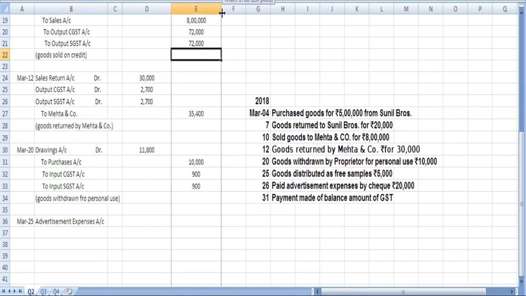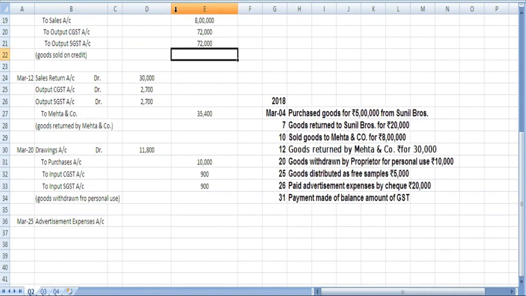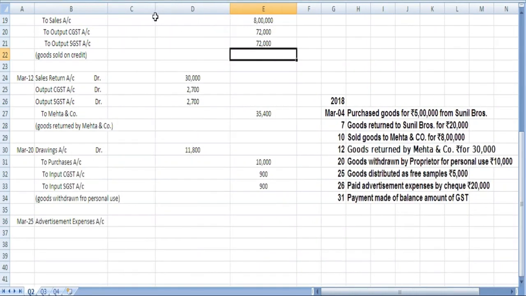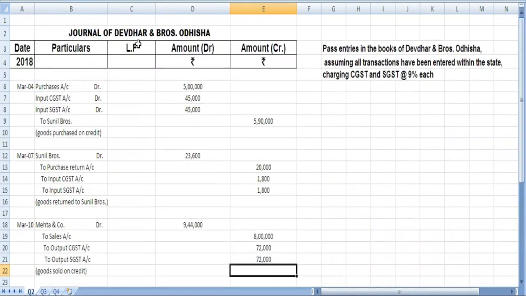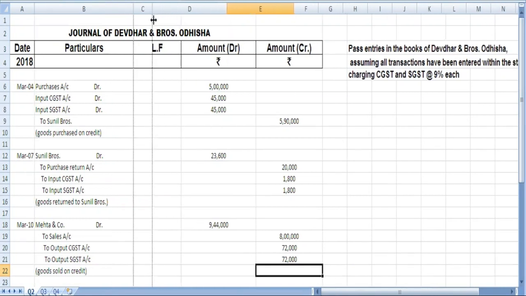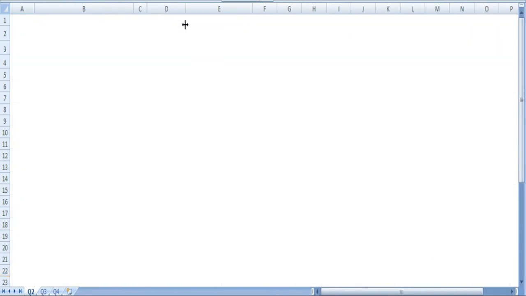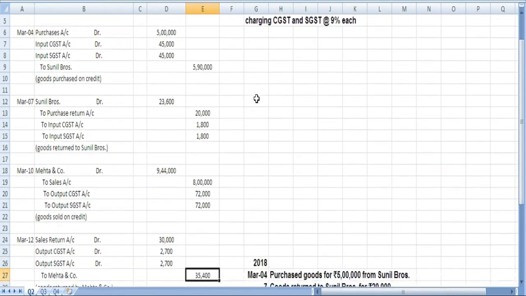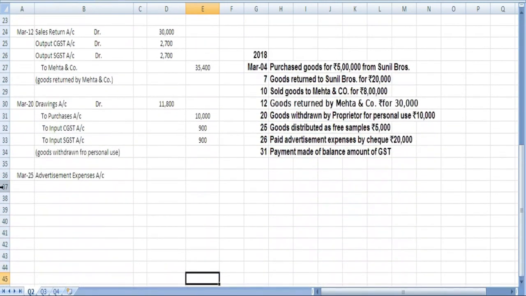Okay, we'll put some space over here. So here advertisement expense account, what is your free sample.